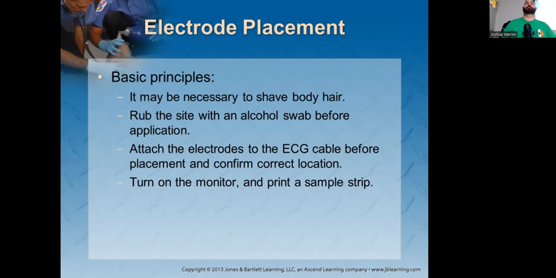V4 should be at your nipple, like right below. Yeah, V4 should be right there below your nipple. And V3 should be between V2 and V4. And when we get in lab, I will show you how to put one on the way that I do. And again, as long as it's pretty close, it should be fine. This is all the best we can do as far as our diagnostics in the field.